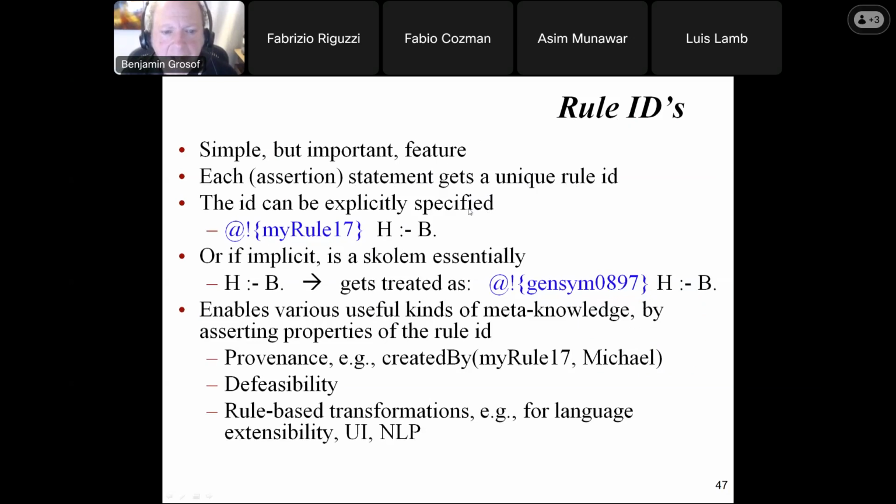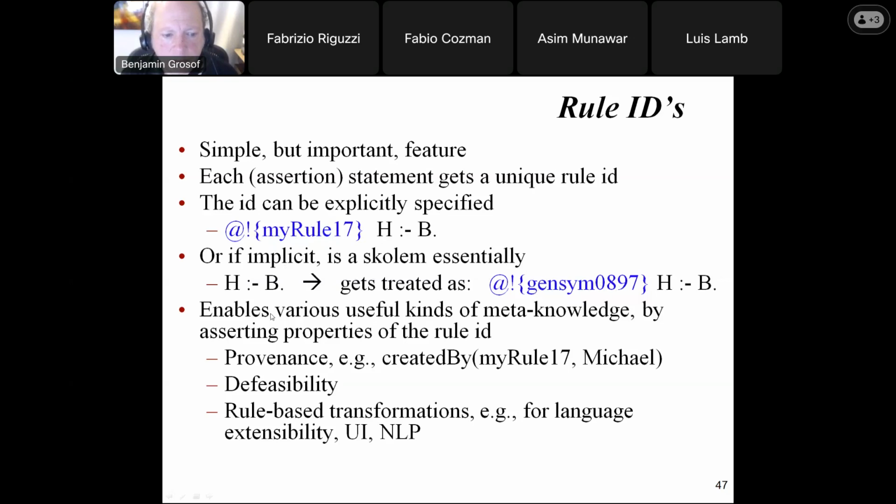And the ID can be explicitly specified and named, or it can be left implicit. If it's specified explicitly, we'll use a syntax here, @!{...}, with curly braces around the ID name. If it's implicit, it's treated essentially as a Skolem, which you can think of as generating a symbol automatically, known as a gensym in general in computer science and AI.